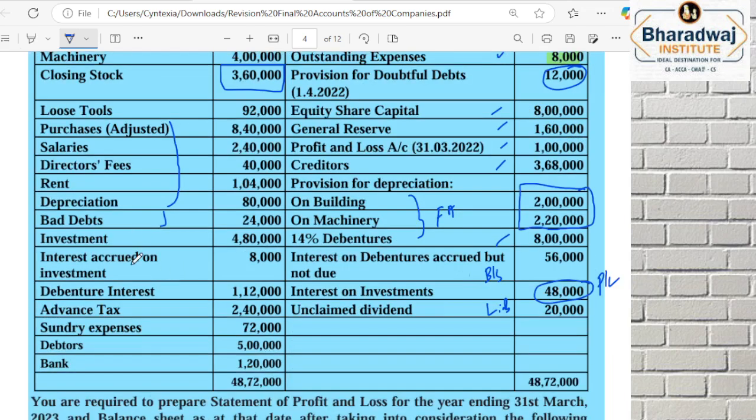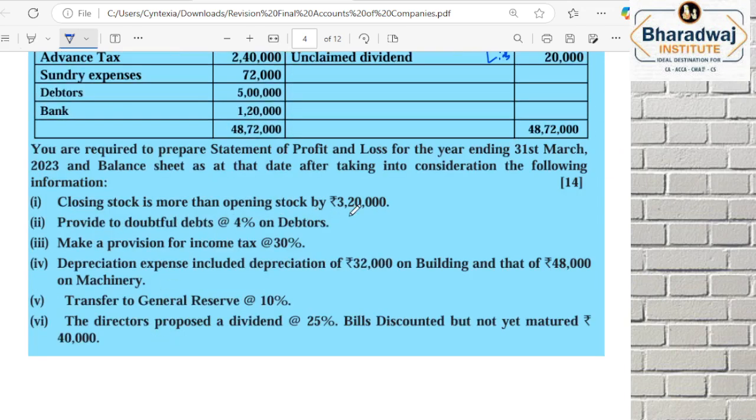Investment goes to balance sheet. Interest earned but not received will go as current asset. Debenture interest will come in P&L account. Advance tax will come as current asset. Sundry expenses go to P&L account. Debtors is nothing but trade receivable, bank balance is given. Since purchase is already adjusted, we can ignore this.